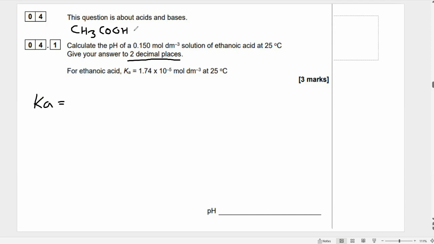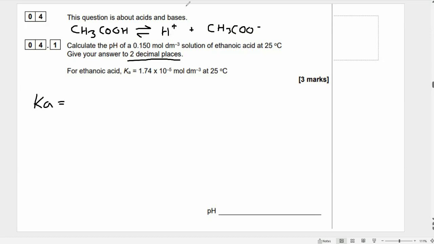So if we have ethanoic acid here, ethanoic acid will break down to release hydrogen ions and ethanoate ions, okay? Just like this. You're probably all familiar with that. Ethanoic acid, reversibly, because it's a weak acid, we use that symbol, breaks down into hydrogen ions and ethanoate ions.